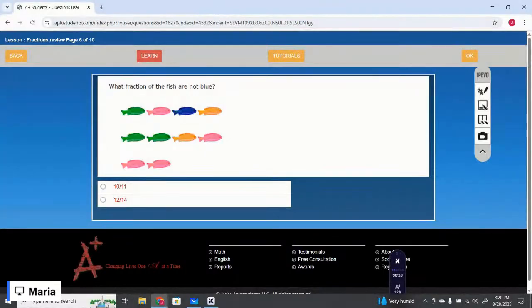What fraction of the fish are not blue? Not blue is 10 out of 11, because only one of them is blue, so that is 10 out of 11.